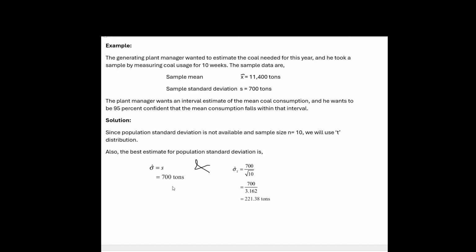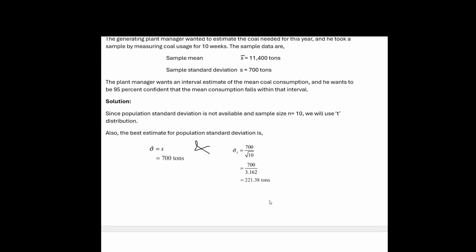The sample standard deviation becomes our best estimator for the population standard deviation. So sigma x bar is s upon square root of the sample size, which is 10. It comes to around 221.38, the standard error.